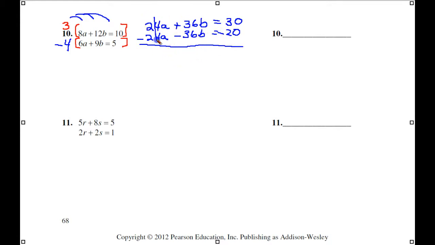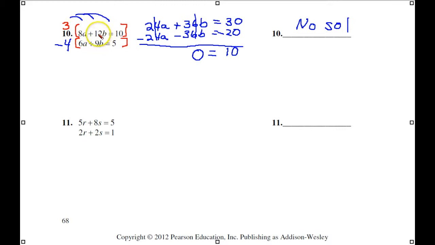Well, these are going to cancel out. These are going to cancel out, and I end up with a 0 on that side and 10 over here. Now, is that a true statement? No. So, for this one, there is no solution, because these lines are parallel.